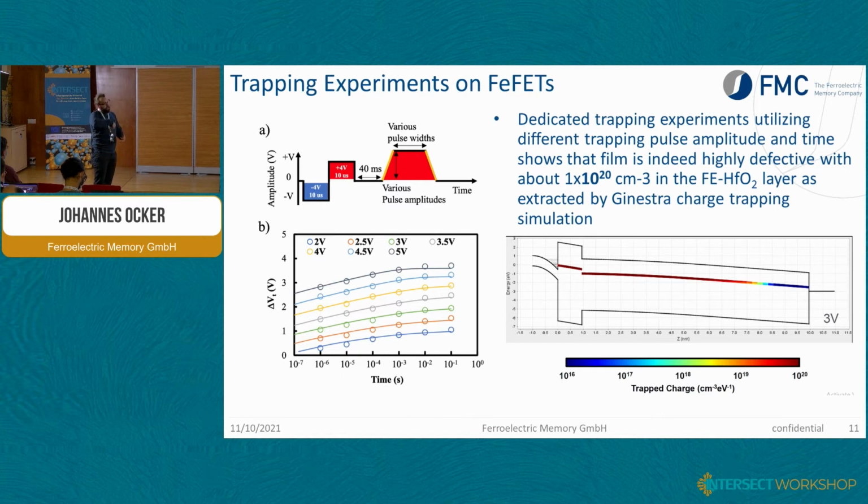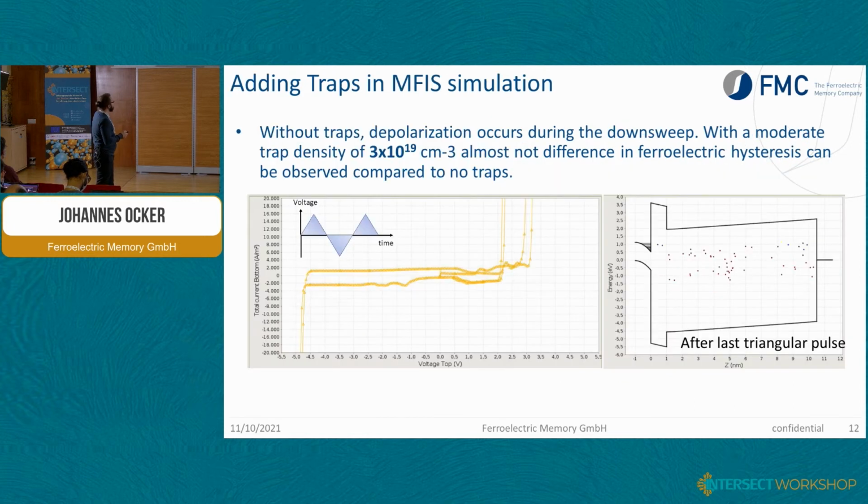In reality it switches and traps at the same time, so probably the number of defects is even higher. But we try to figure this out by introducing the traps into the simulation and see if we can reproduce these ferroelectric switching peaks that we see in the sample in the experiment.